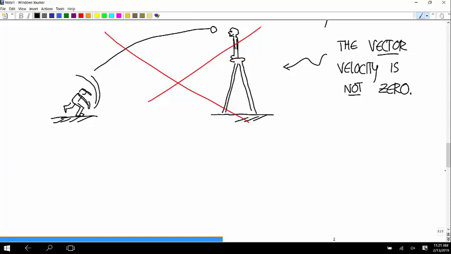Anybody have any questions about any of this? Yes, that's exactly right. If you throw a ball straight up into the air, you could still treat it as a two-dimensional problem.